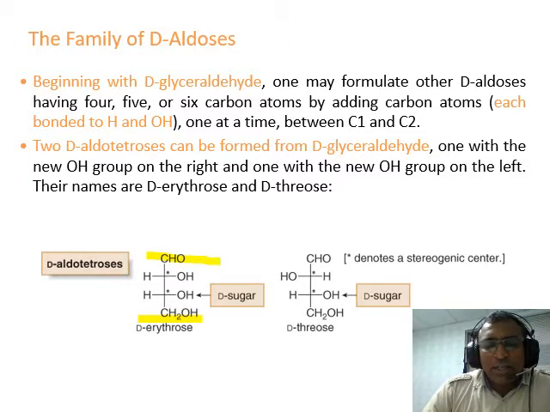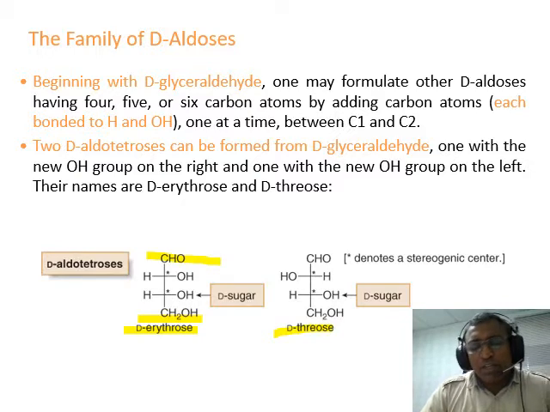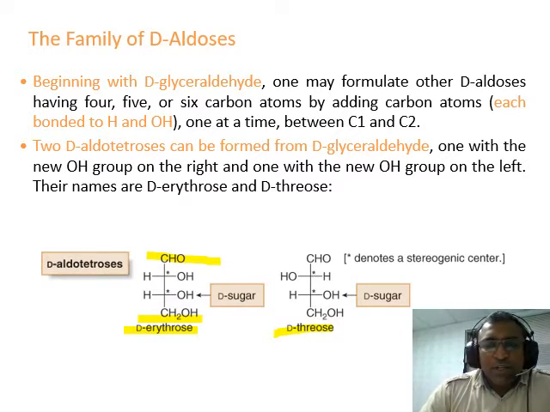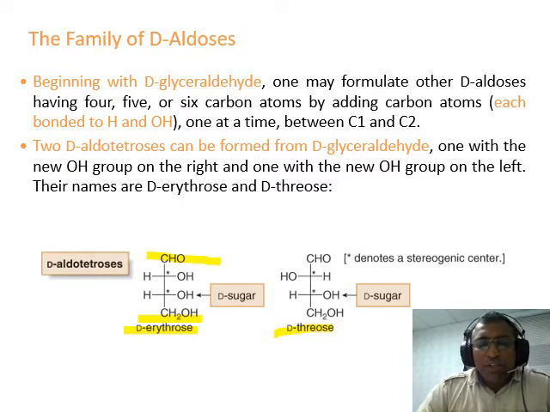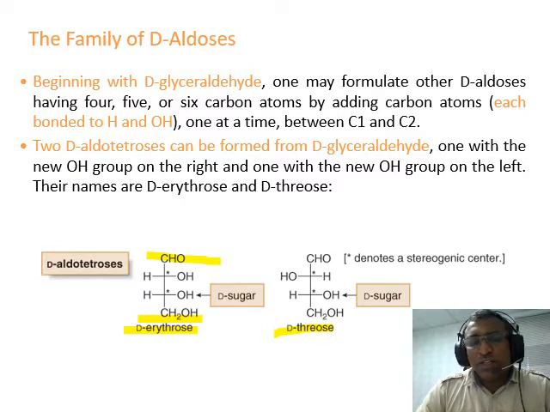That is D-erythrose, L-erythrose, D-threose, and L-threose. In the next slide, we'll see all these 4 stereoisomers or enantiomers. So that's in terms of the aldotetrose. Of course, if the stereogenic center number increases, there must be a way to determine how many stereoisomers. There's actually a formula, and that is shown in the next slide.